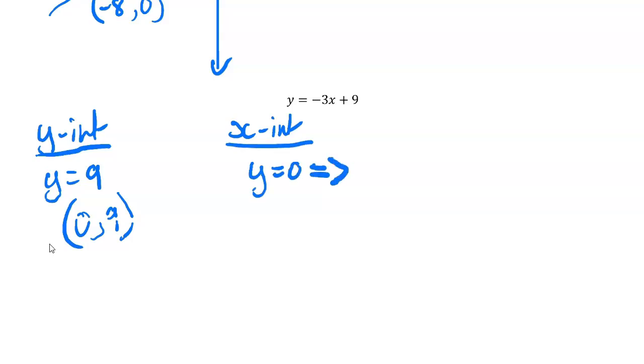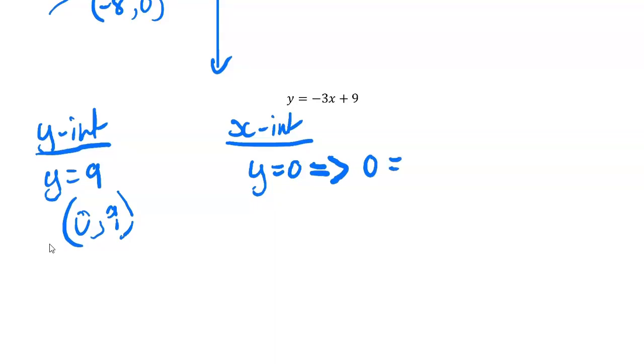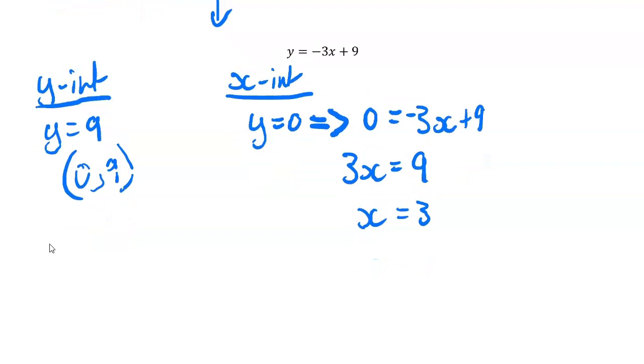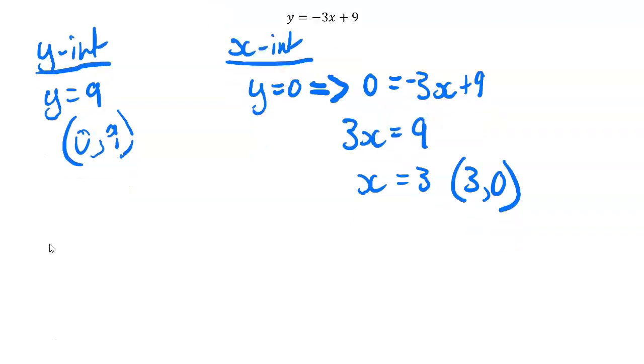So we sub that into the equation. So 0 equals -3x plus 9. Now I might add 3x to both sides, and then divide both sides by 3. So my x-intercept occurs at 3, 0.